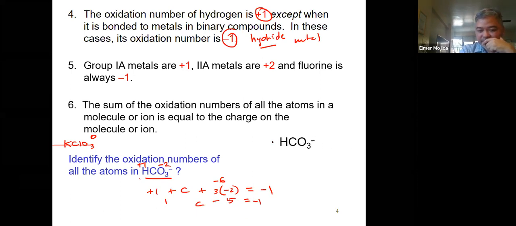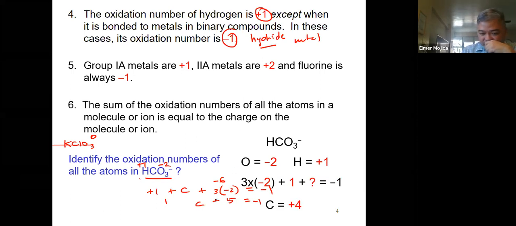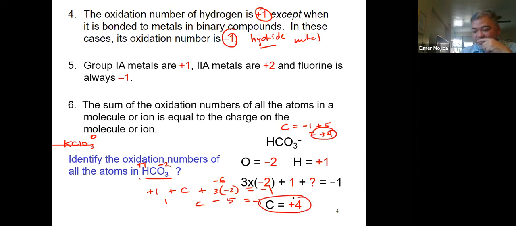So you move that -5 to the other side. So you have here C equals -1 plus 5 will give you +4. And there's always a question about that in your exam. And I always expect my students to know that.